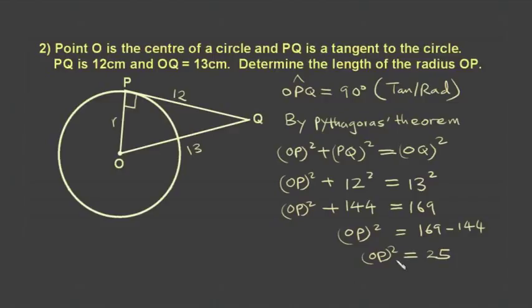Then to find OP, I'm going to take the square root of both sides. Then the square root of OP squared is just OP, equal to the principal square root of 25, which is 5. So OP, which is the length of the radius of this circle, is 5 centimeters. Hope this helps. I will see you again in the next video.